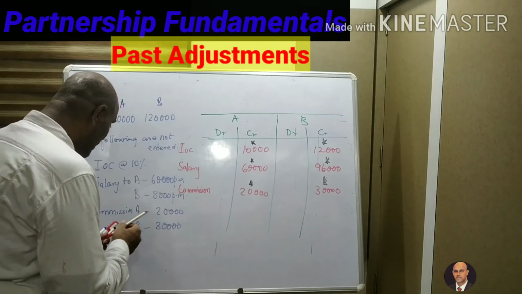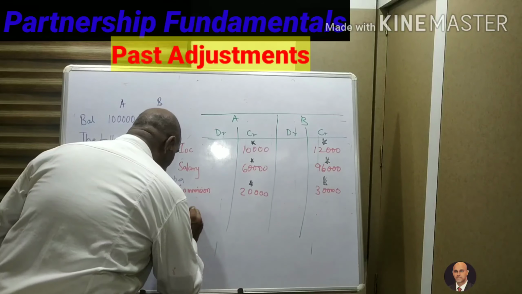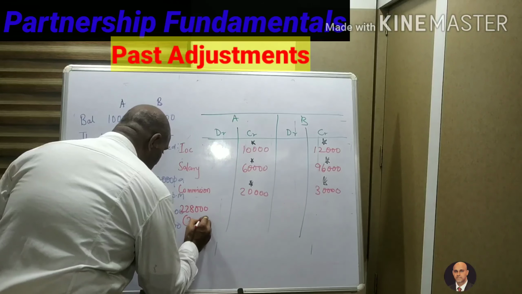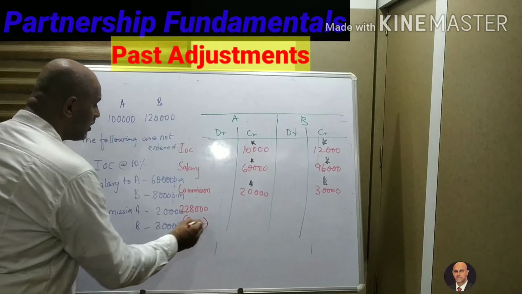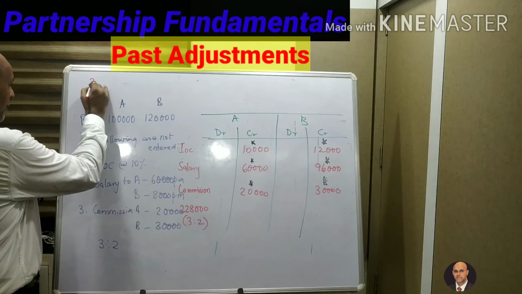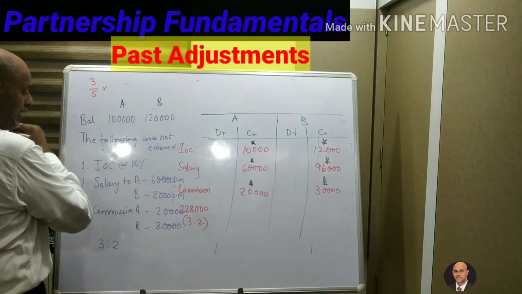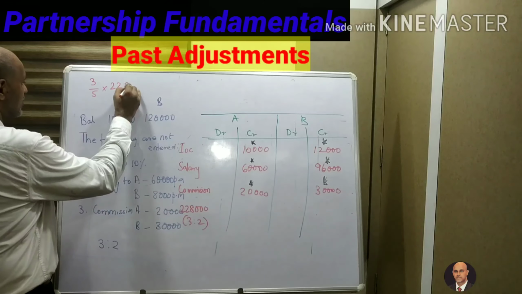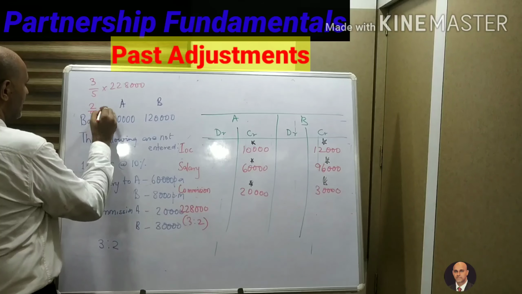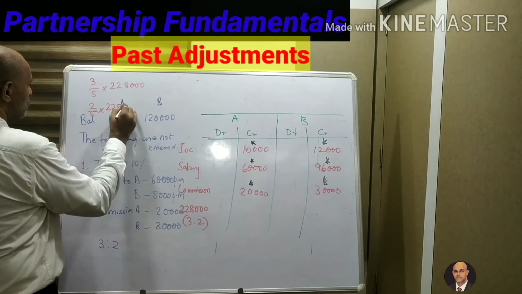Now this 2 lakh 28,000 will have to be divided between A and B in the ratio 3:2. So how do we do that? It is 3 upon 5 multiplied by 2 lakh 28,000, and of course 2 upon 5 multiplied by 2 lakh 28,000.